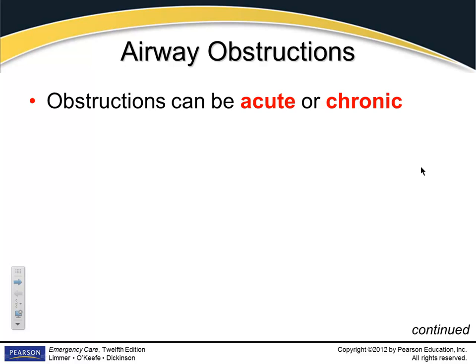Say a patient with COPD, chronic obstructive pulmonary disease. These are patients with mucus that builds up around the alveoli. These are patients whose alveoli break down and they lose the surface area. Those are people that have airway obstructions that would be considered chronic.